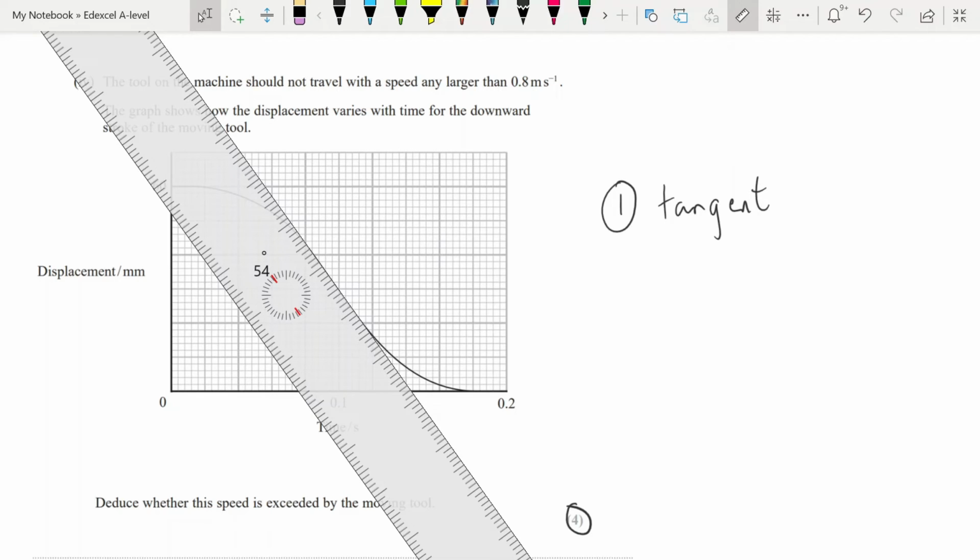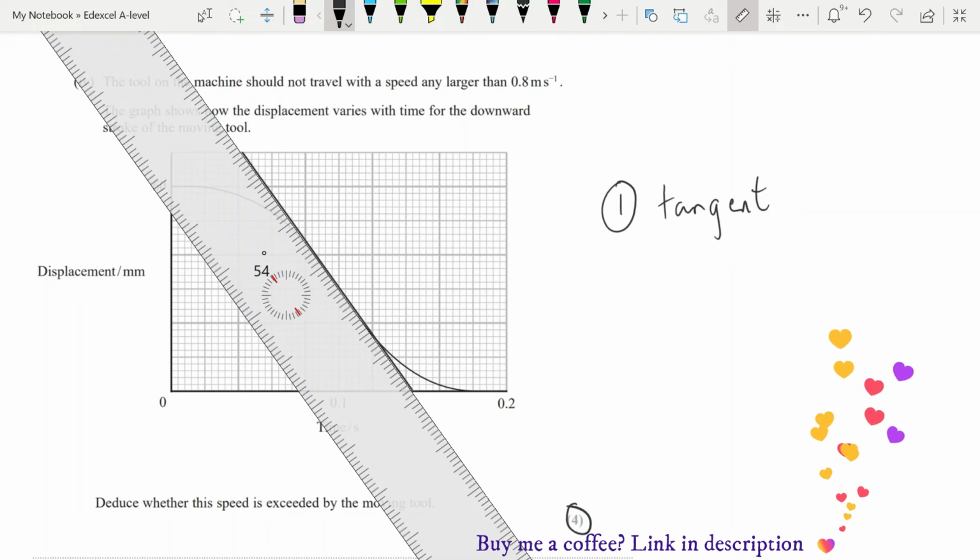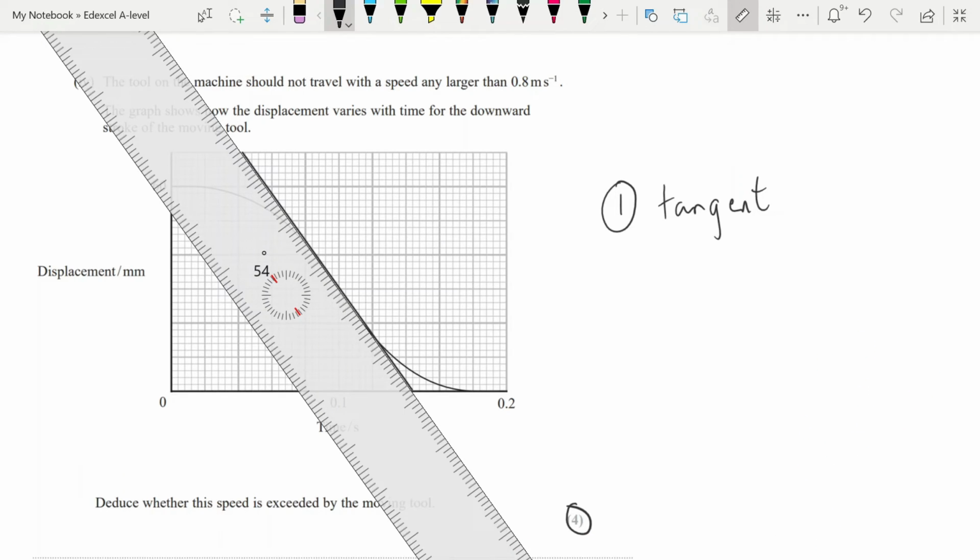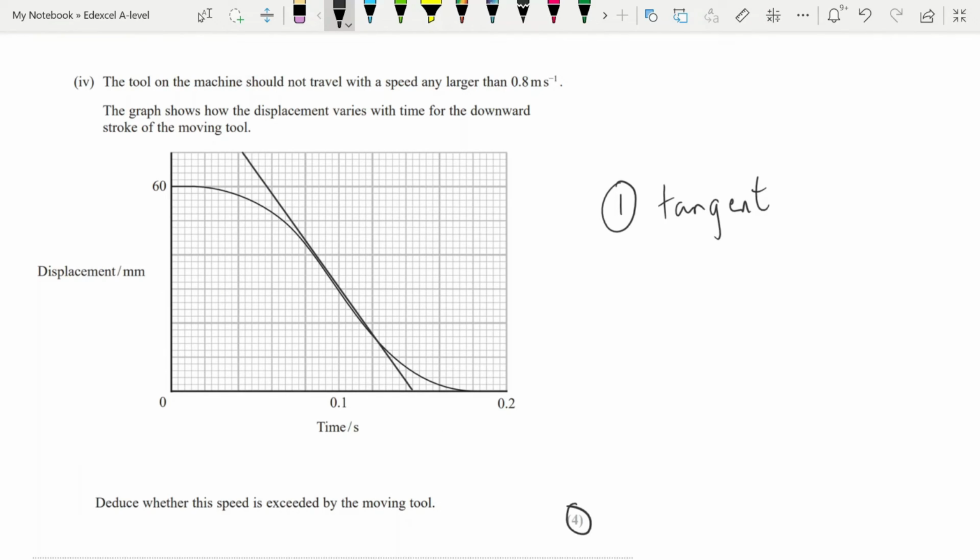And again, you put in a line that covers the whole side of that graph because you want to use the largest gradient triangle possible. So you put your tangent line in, and then you go ahead and calculate the gradient of that. The second mark here is for the large triangle. And the third mark is for the gradient calculation attempt.